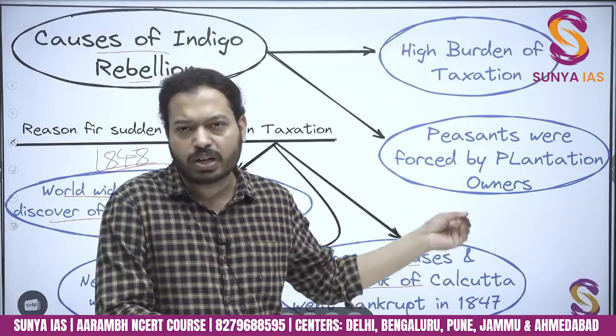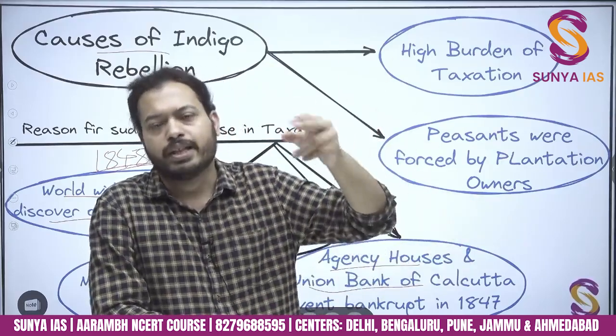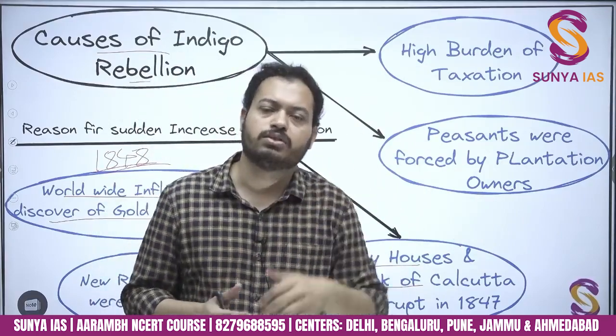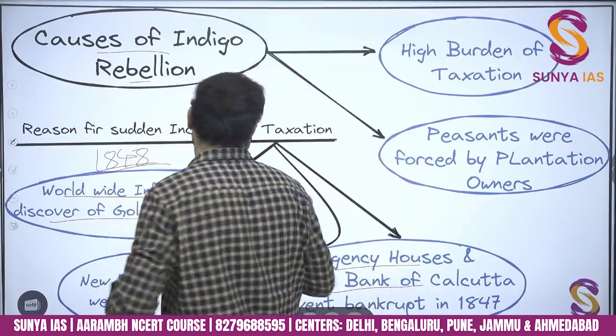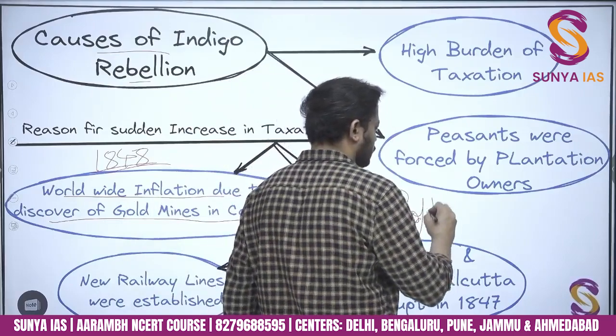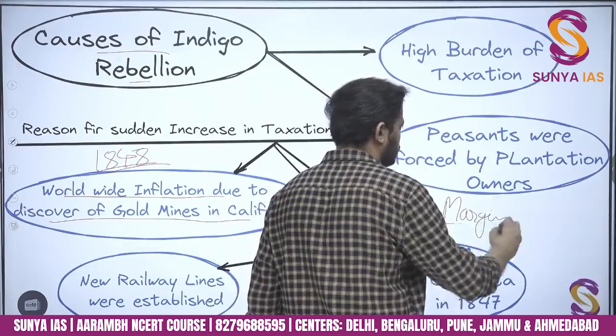The banks which were giving them loans easily in Calcutta had already shut down. And thirdly, the rate of labor also increased. So effectively what will happen? The profit margin of the plantation owners reduced.